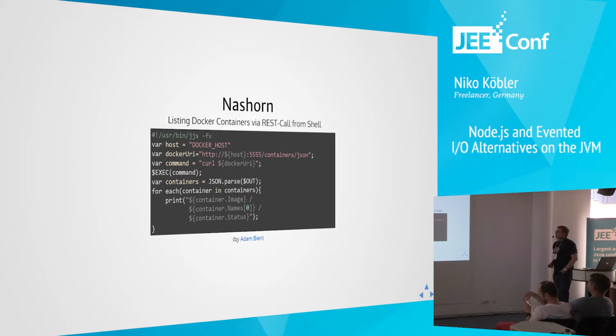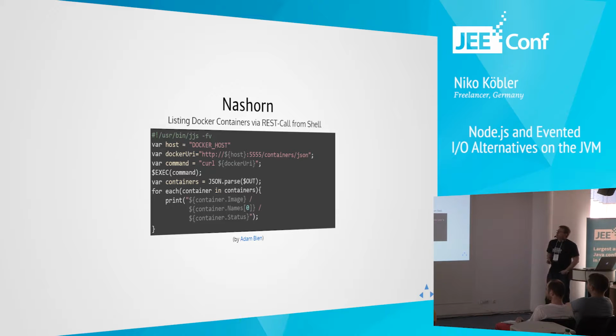This is an example from Adam Bien calling a Docker host, listing all the containers, so you can use Nashorn also as a shell script replacement. And you can use variables, and you can execute shell commands, and also you have access to environment variables from your operating system.